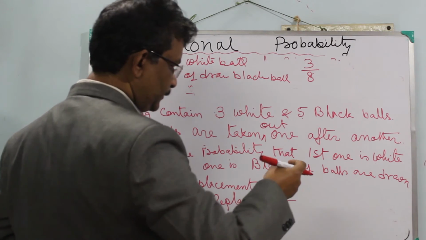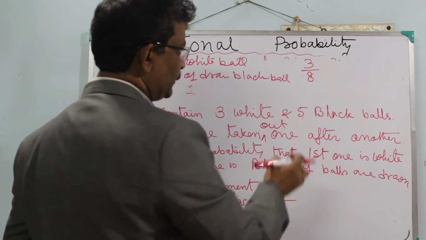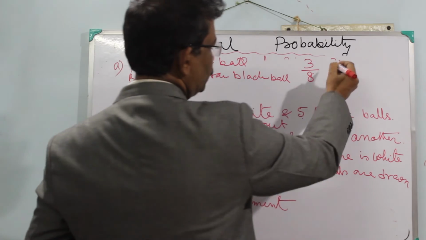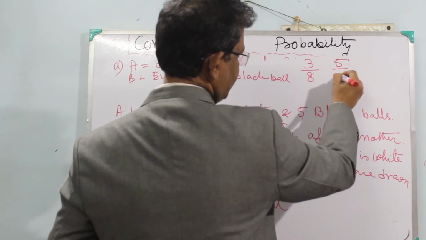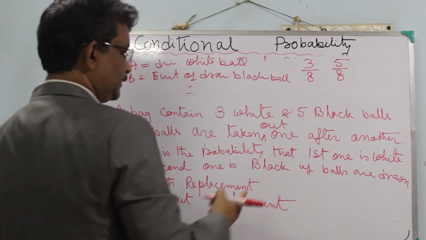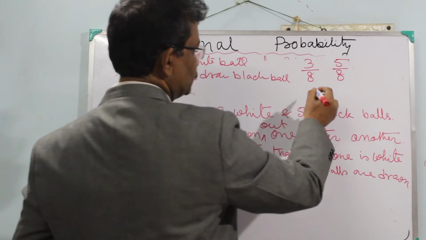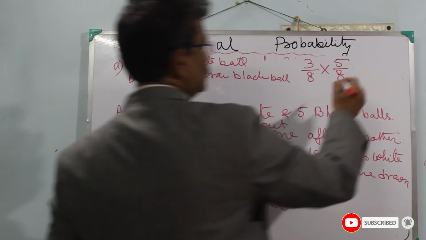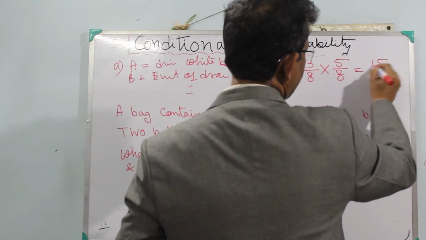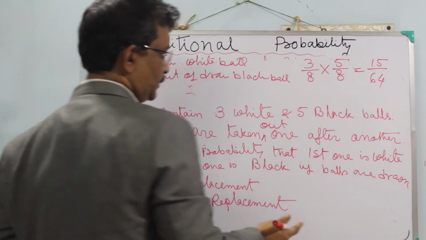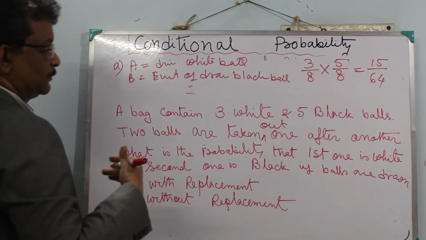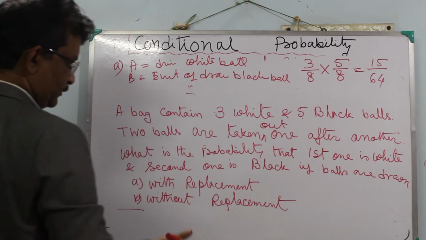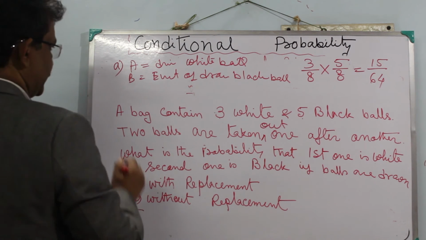And then when the second ball is drawn, the number of black balls is 5 and the total number of balls is 8. So the probability is 5 by 8. What is the probability that the first ball is white and the second ball is black? It is a compound probability, A and B, so it will be multiplied. So the probability is 15 by 64. This is the case with replacement, when the balls are replaced in the bag.